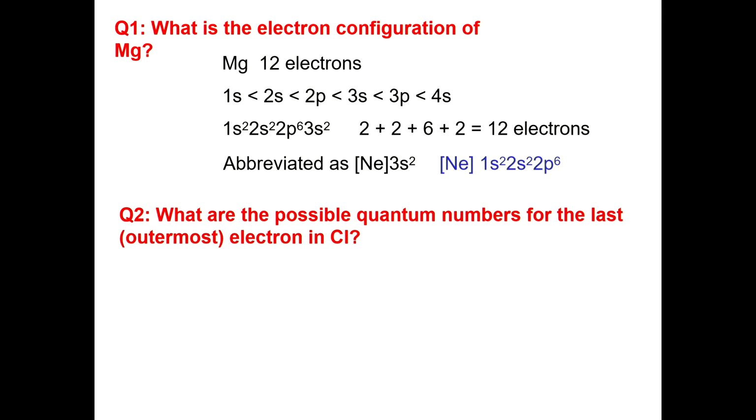Here's the same as this one. So we just use this way to show the electron configuration. The whole electron configuration is like this, but we don't have to write all of this, because the inner part is the same as this element. So we just use this to represent this part.